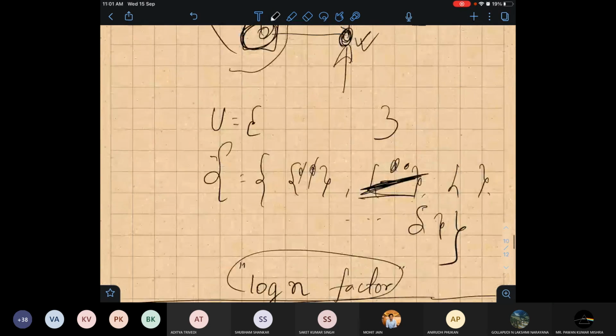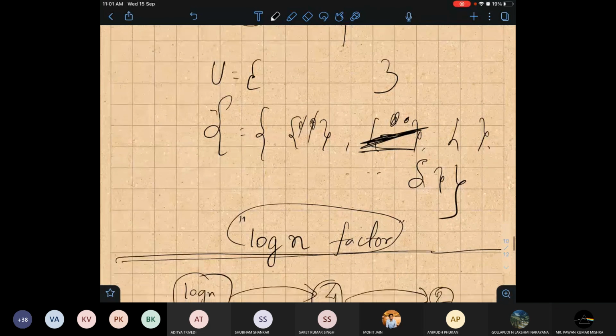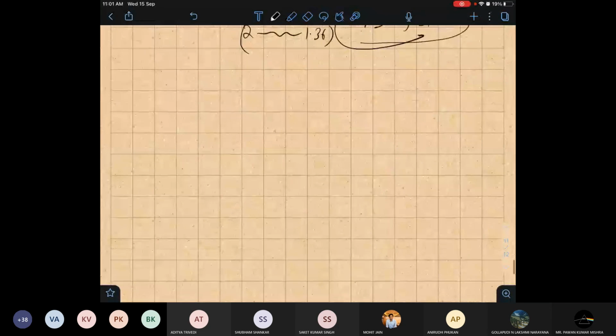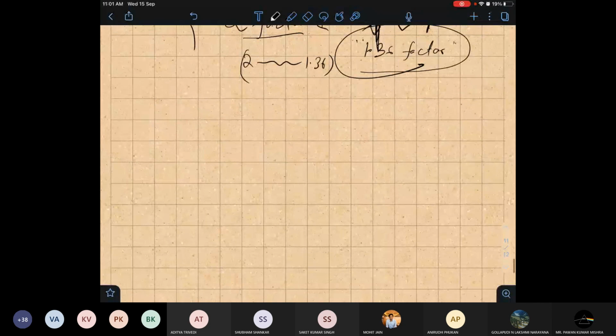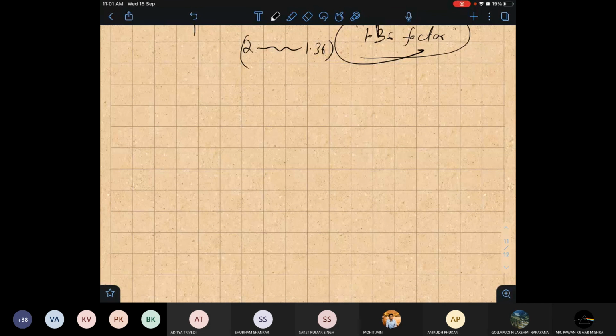Please try to read about the set cover problem, and if you have doubts regarding this, like what the factor is and all, ask me tomorrow again. Any doubt? Otherwise I will stop this class.